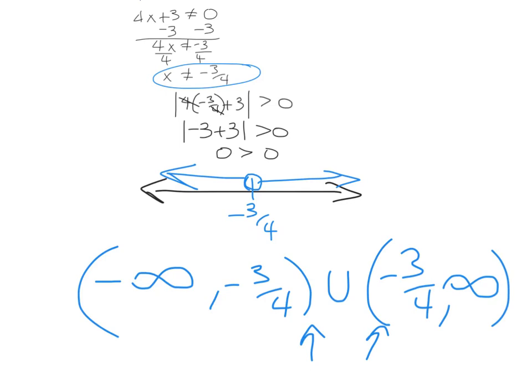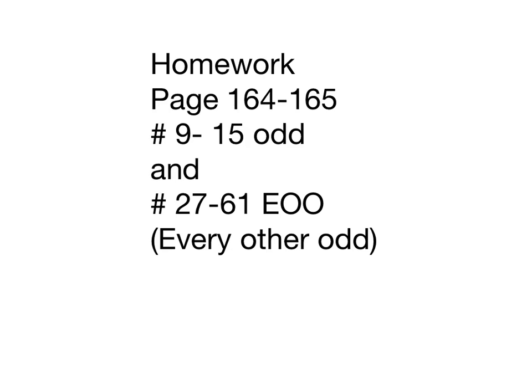So your homework is pages 164 to 165. You're doing 9 through 15 odd, and then starting at 27, every other odd. Now I know it says to go to 61, but I think the last every other odd might be 59.